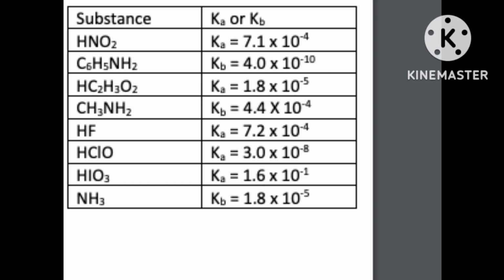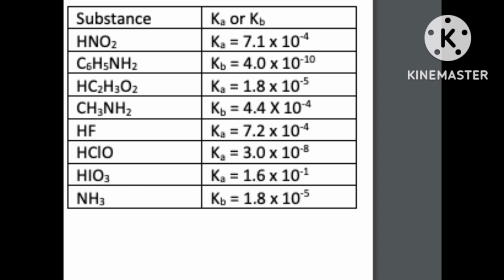The ionization of a base, a weak base: you can consider the base as MOH. Then, like acid, you can also write the Kb value. For acid it is Ka, where A means acid. Here Kb, B means base.